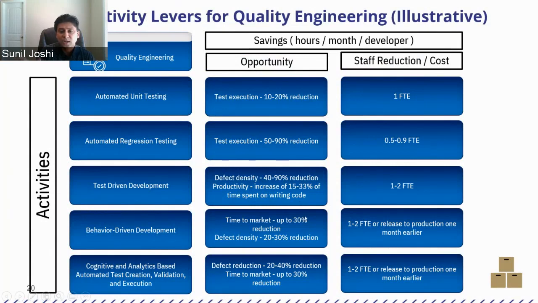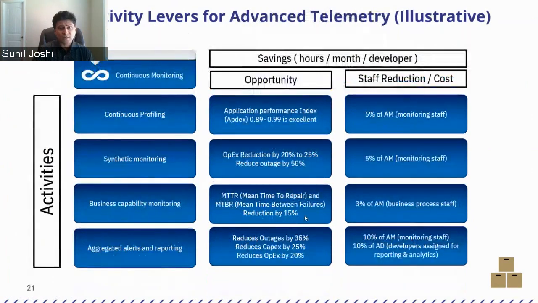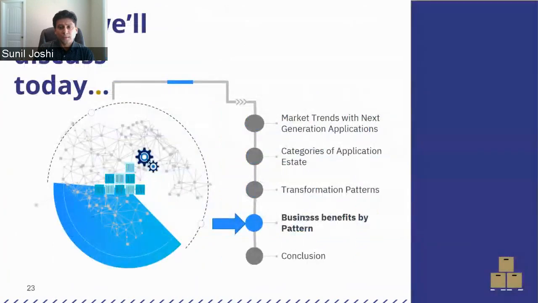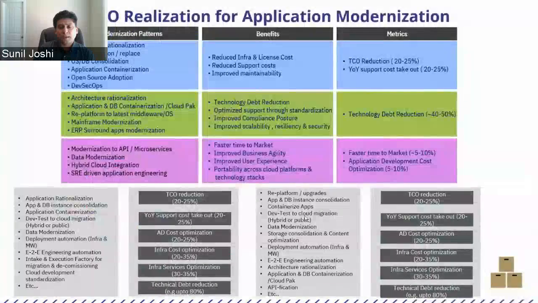There is usually a range of productivity that you can gain for each of these engineering practices, depending on how mature you are to begin with, right? Similarly, there is something for continuous monitoring, SRE, that type of stuff, right? So I have constructed a view here.